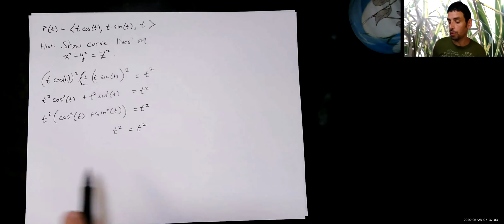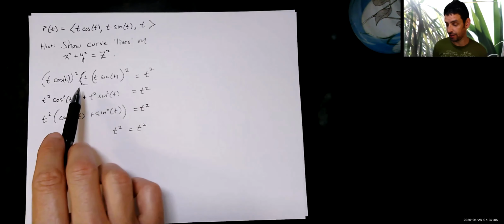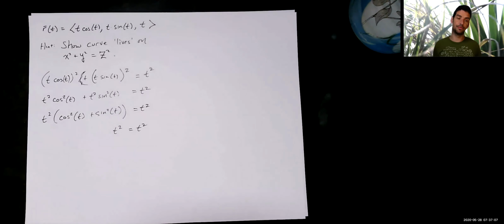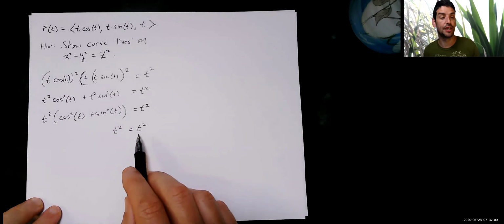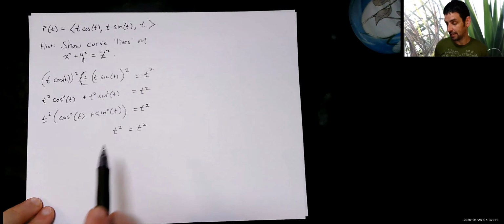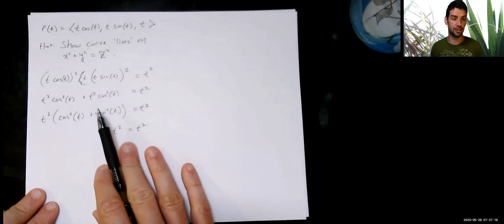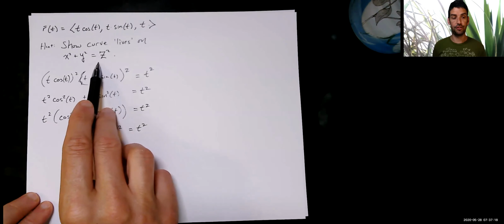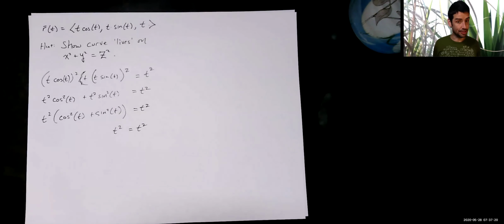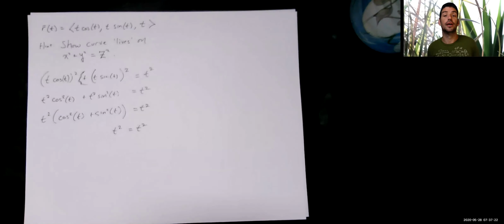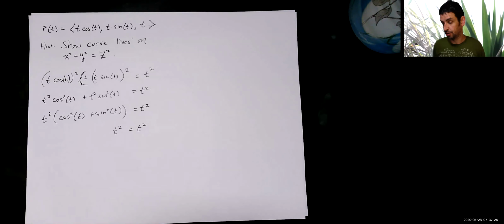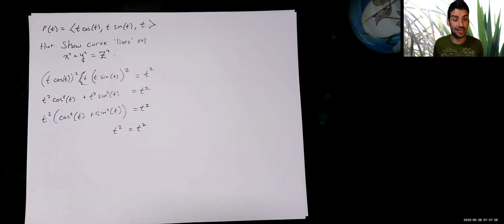And so this is always going to be the case, right? None of these algebraic steps we took depended on a particular value of t. And so what that tells us is the points on the curve associated to this vector function live on this surface, right? The surface is likely going to have many more points, but we're looking at some set of them.